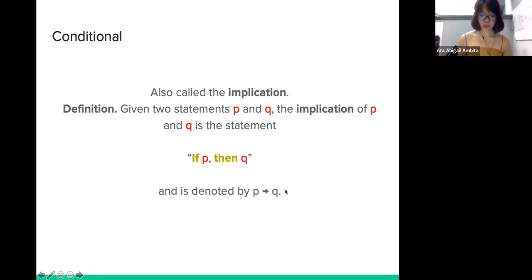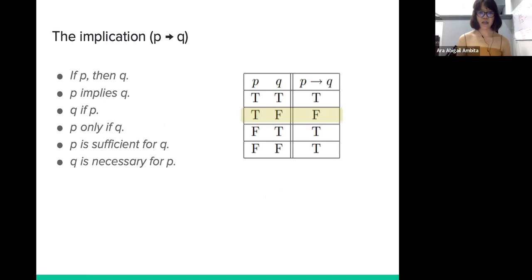Okay, so in this P implies Q, the P is called the hypothesis, or in some other books, the antecedent or the premise, and Q is the conclusion. Okay, so here is the truth table for the implication.